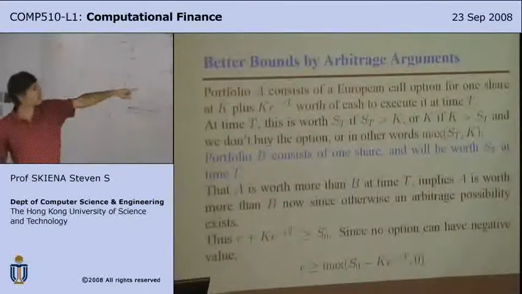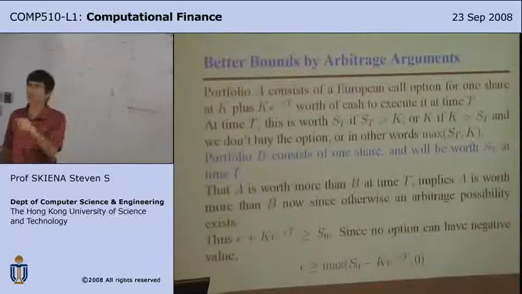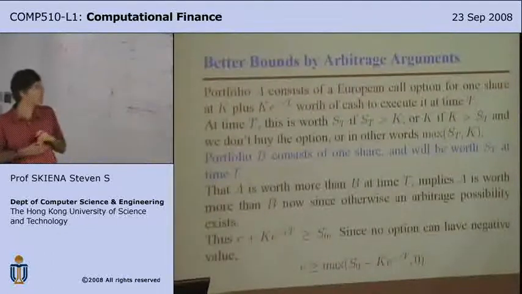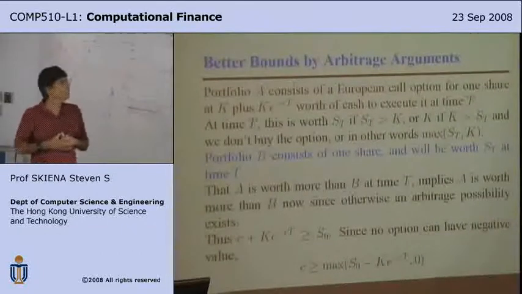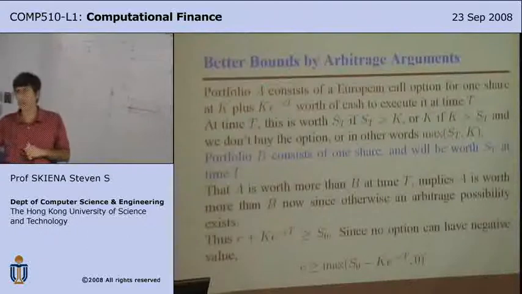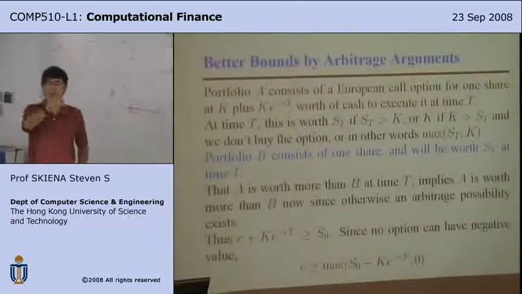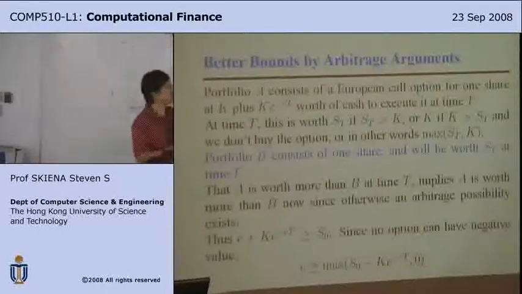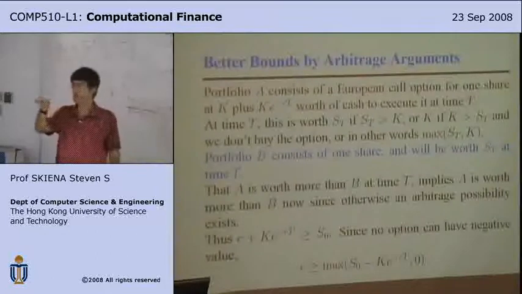Then I would be happy to keep the K dollars that my money had grown to at that time. The claim is that that portfolio is going to be worth at time t the max of K, which is the dollars if I just keep the dollars, or S of t, which is the price of the share if I traded my money and my option. Do people agree that this portfolio is worth the max of S_T and K?